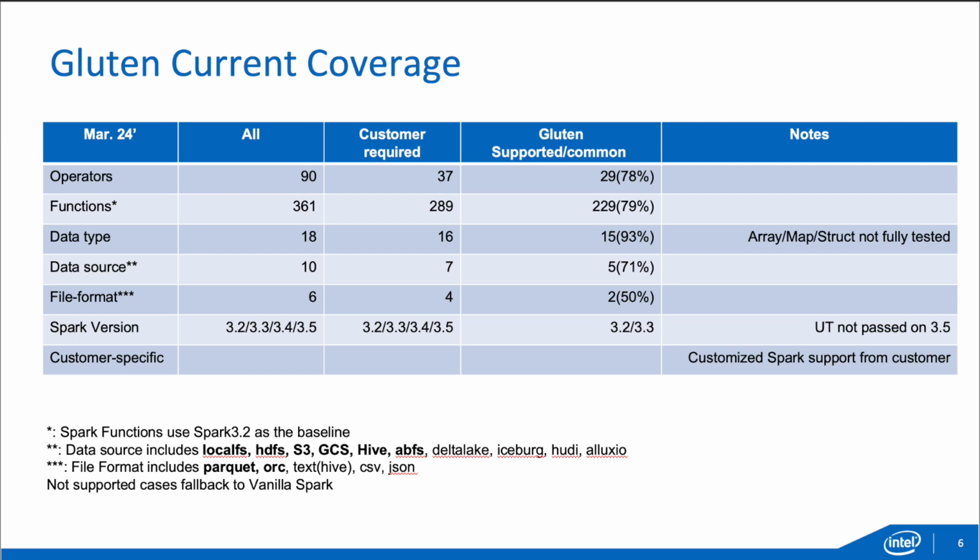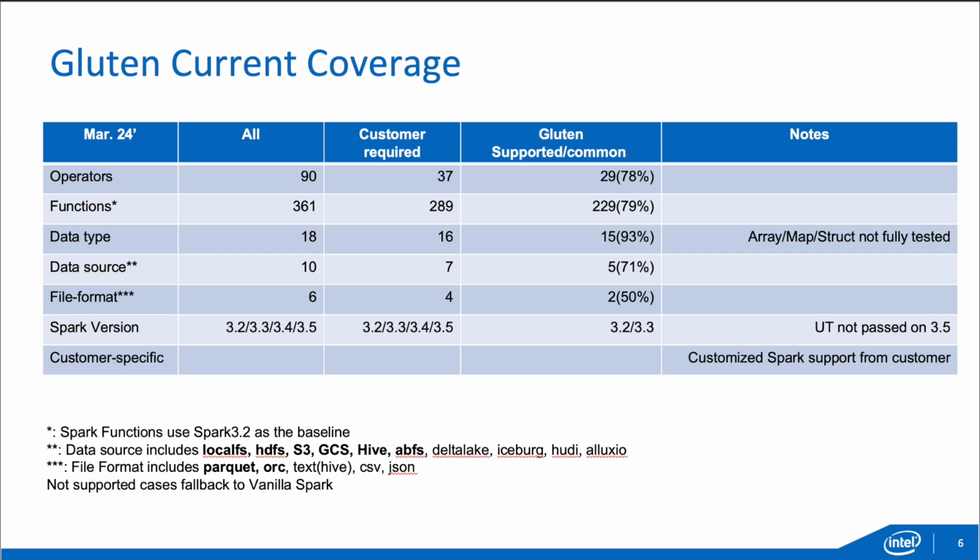Under data type support, most of the data types definitely need to be supported. Under data source support, there is a table with some detail. Currently we support local FS, HDFS, S3, ECS, native HDFS. For file format support, currently we only have Parquet. Actually, Velox only has Parquet and ORC support. Some customers asked about CSV, JSON and text support, which is not done yet.